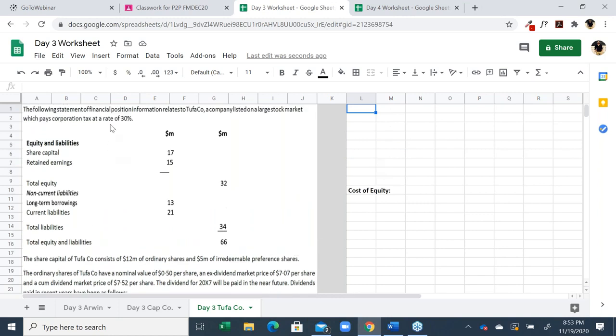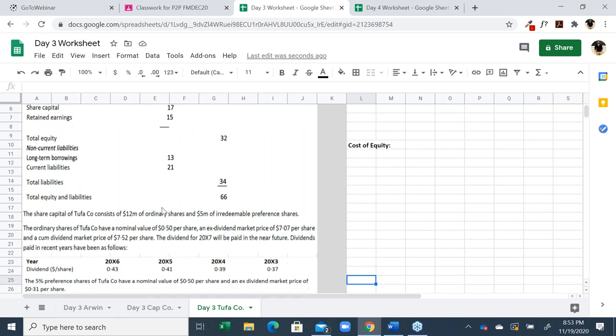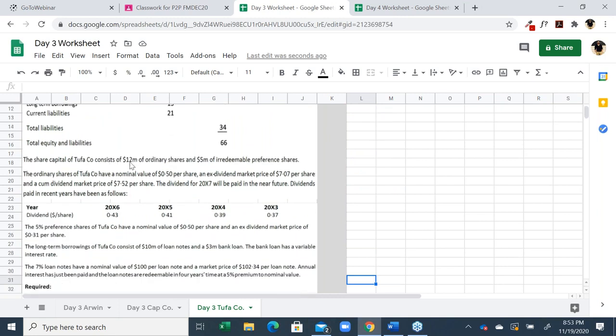The following statement of financial position information relates to a company listed on a large stock market which pays corporation tax at 30%. We have a balance sheet of the company, and then it says the share capital of Tufa company consists of 12 million ordinary shares and 5 million irredeemable preference shares. The ordinary shares of Tufa company have a nominal value of $0.5 per share and an ex-dividend market price of 7.07 per share and a cum dividend market price of 7.52 per share.